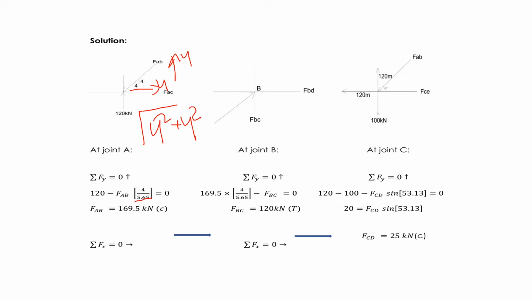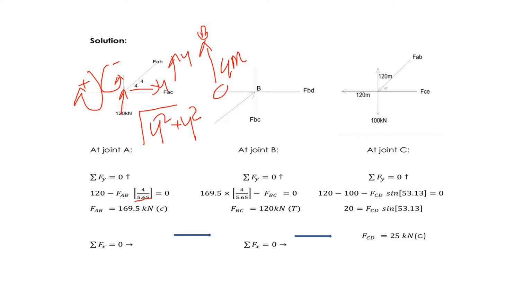By the way, I forgot to write meter here. The height of B to C is 4 meter too. Normally I consider clockwise as positive sign convention and counterclockwise as negative. Upward direction is positive, so summation of Fy equals 0.